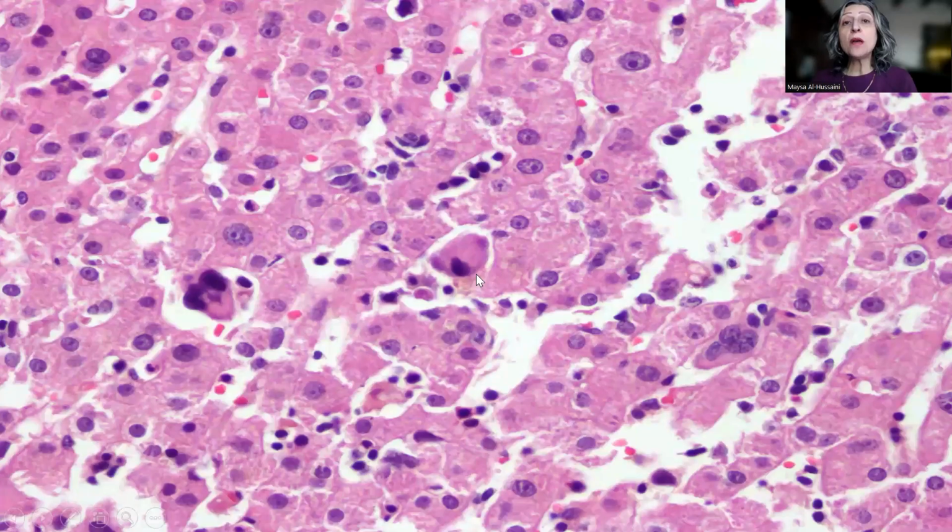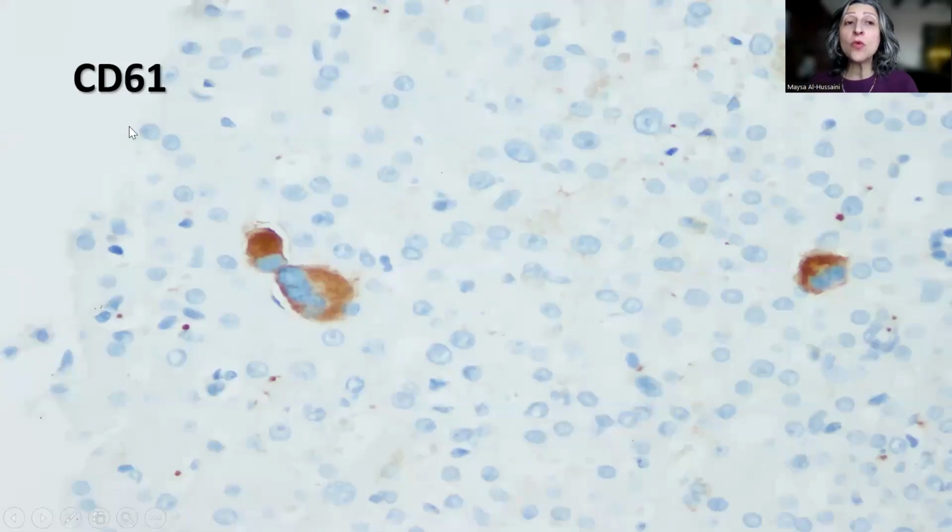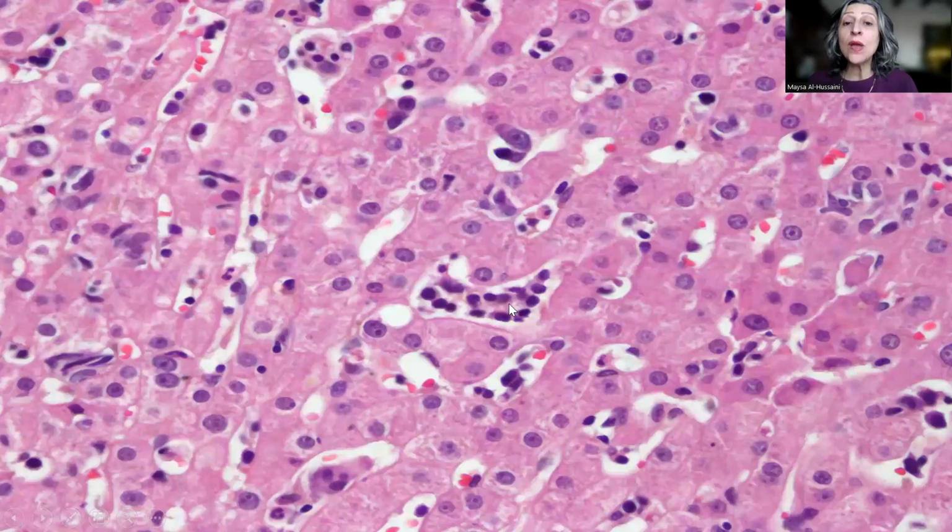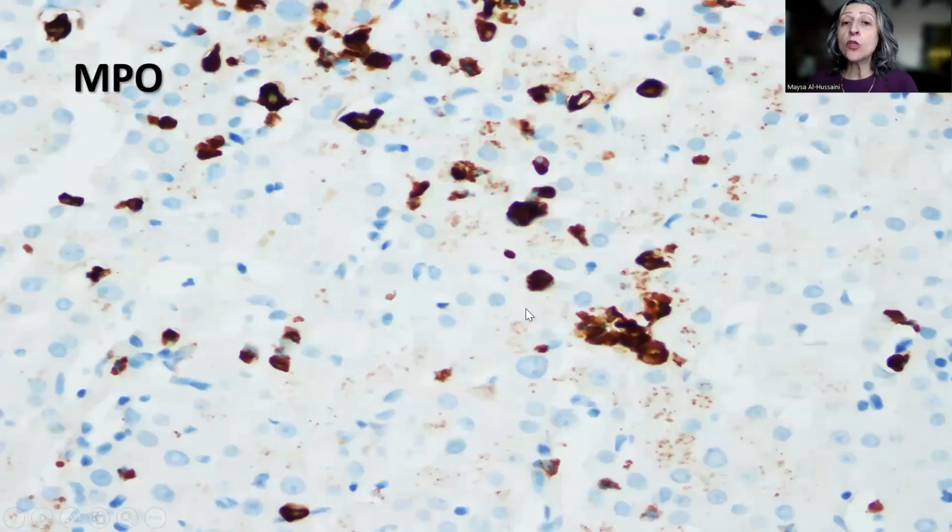What was also positive in the background, and perhaps if you're not alerted to this you would miss it, is the presence of scattered larger cells in the sinusoids, which labeled with CD61, consistent with megakaryocytes, as well as groups of small rounded cells which were positive with MPO, consistent with immature myeloid elements in the sinusoids of the liver.